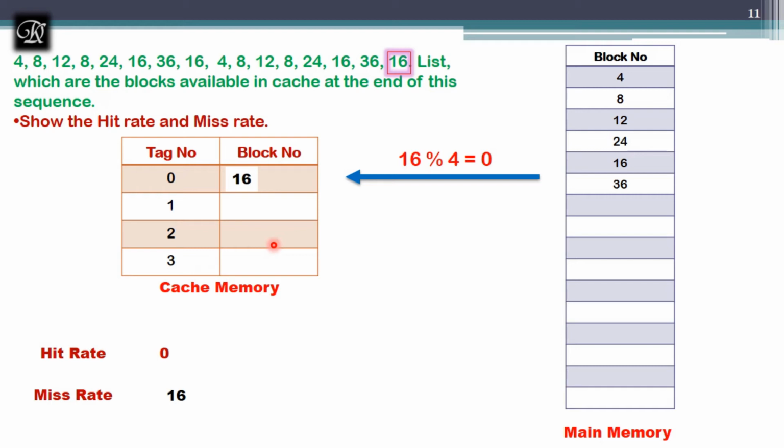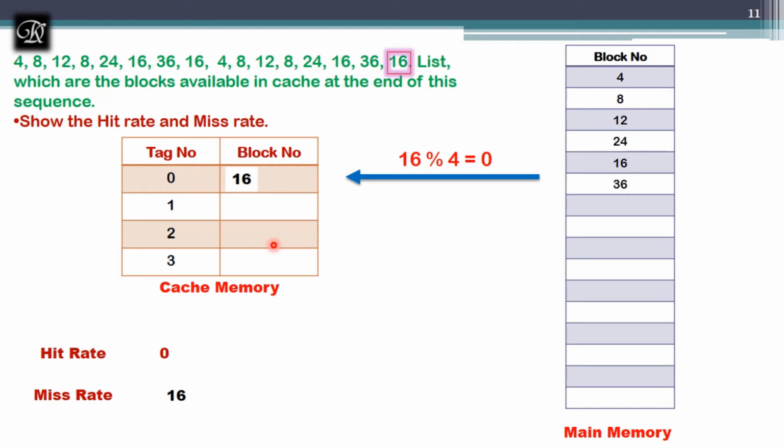So this is the major drawback of direct mapping, which I called conflict miss, or capacity miss. Even though we have the capacity to store the remaining blocks contiguously, we could not because of the direct mapping modulus technique.